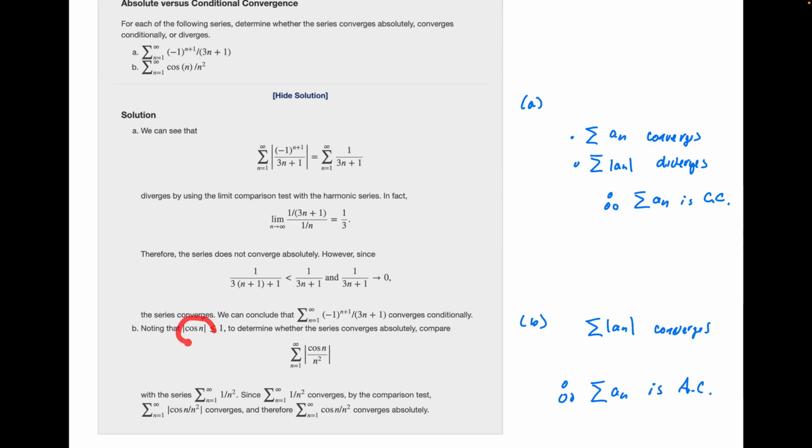Hence, the fact that cosine alternates between positive and negative values doesn't contribute to convergence of the actual series. And in fact, if we throw away the pluses and minuses, we find that the series still does converge. Hence, the given series is absolutely convergent. All right, so in A, it's like the alternating harmonic, i.e. it's conditionally convergent, and in B, it's like a p series with p equaling 2, so it has no trouble absolutely converging.